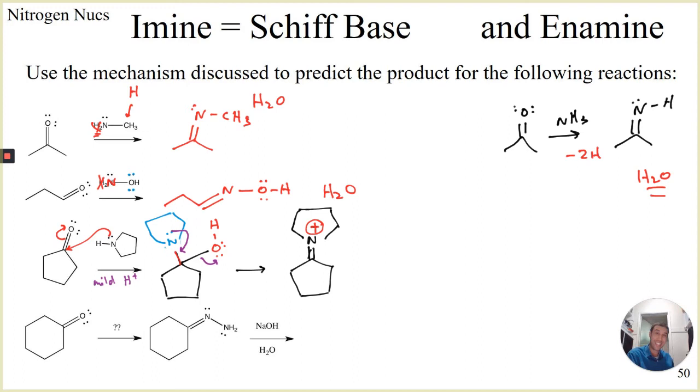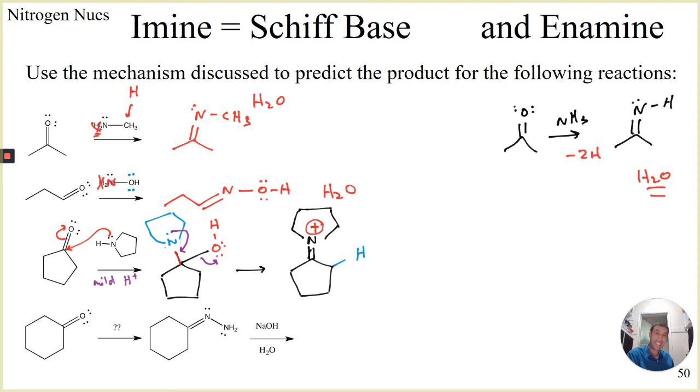Okay? Also, where did our hydrogen come from for that oxygen? We said from the mild acid. It turns out that this structure makes this hydrogen very acidic. It's very acidic because that nitrogen doesn't want to be positive.